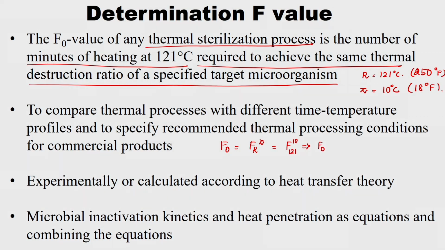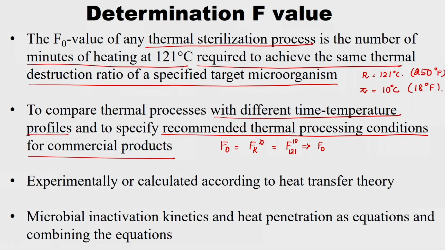So, how is this F value helping me to compare thermal processes with different time temperature profiles, and also to specify recommended thermal processing conditions for commercial products? Last class itself we have seen, we compared two processes, right. My cooking value I calculated at two different temperatures.